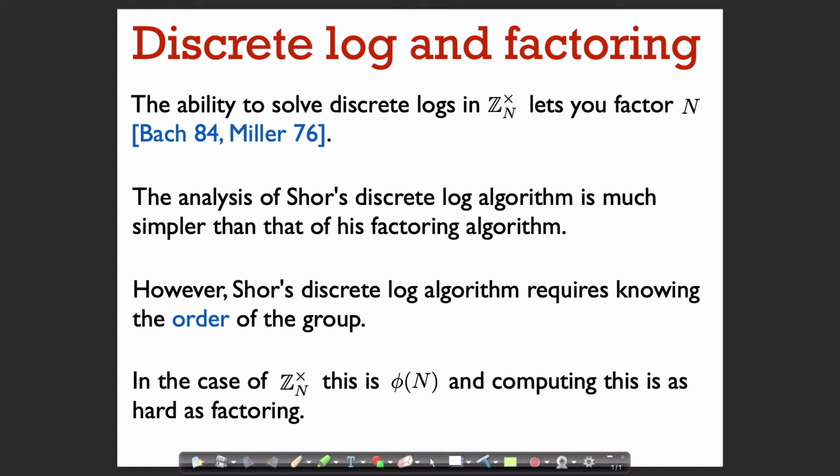And the reason why is that Shor's discrete logarithm algorithm assumes that you know the order of this cyclic subgroup that you're working in, okay? And in the case of the multiplicative group modulo n, the order of this group is actually the number of numbers that are co-prime to n, which is known as the totient function, phi of n. And computing this number is known to be as hard as factoring itself.